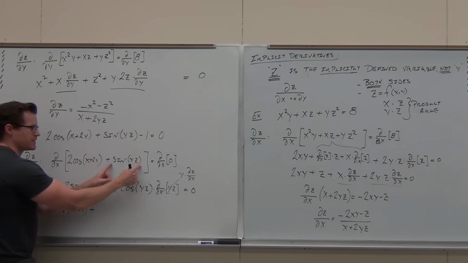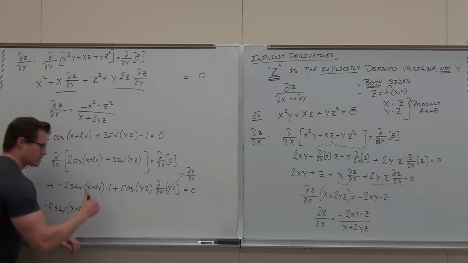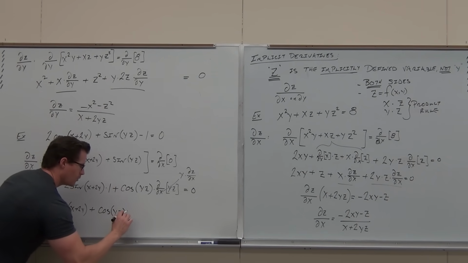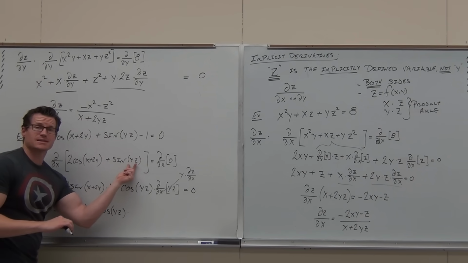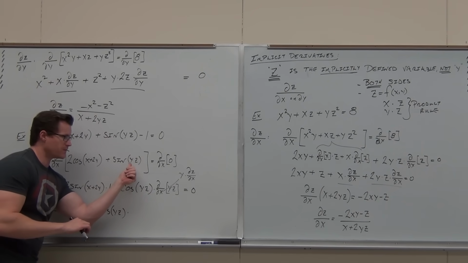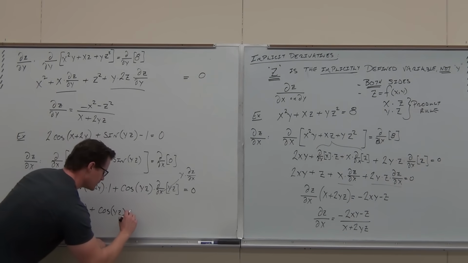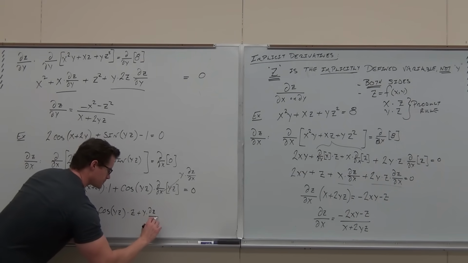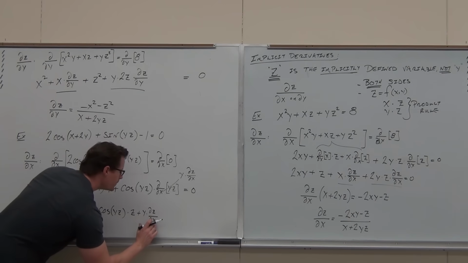Plus, derivative of this guy says, okay, cosine, keep the inside the same. But when I do the derivative of the inside, that's now a product rule. Derivative of the first times the second plus the first times the derivative of the second.